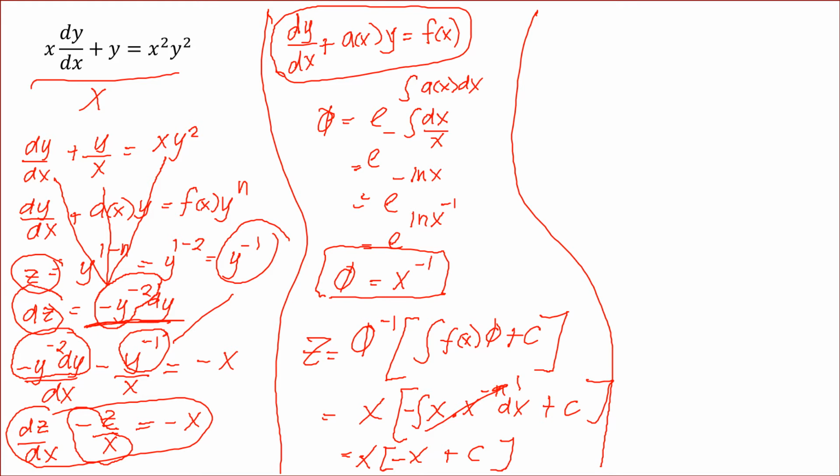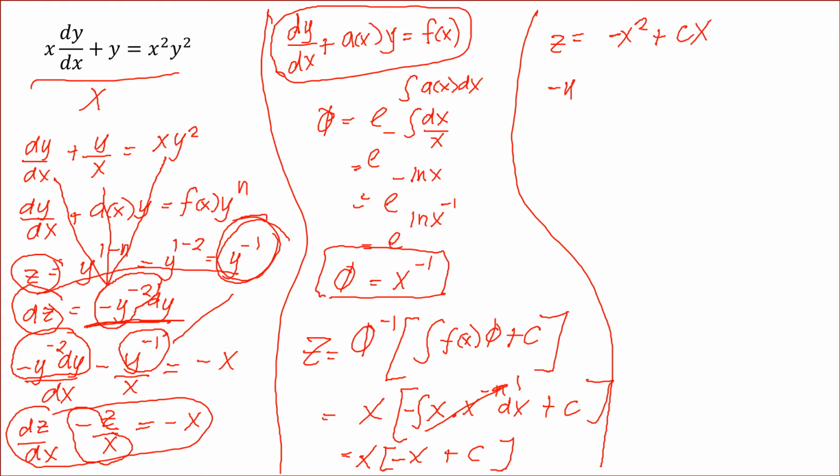We have your z therefore equal to negative x squared plus cx. We take note, what is z? We look back again, and therefore your z is equal to y to the power of 1 minus n, and your n here is 2, so you have y to the power of negative 1.